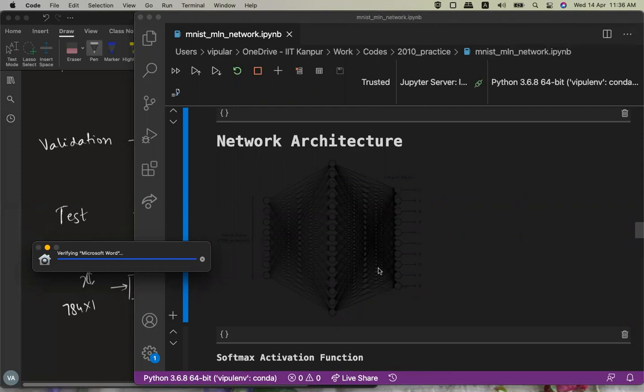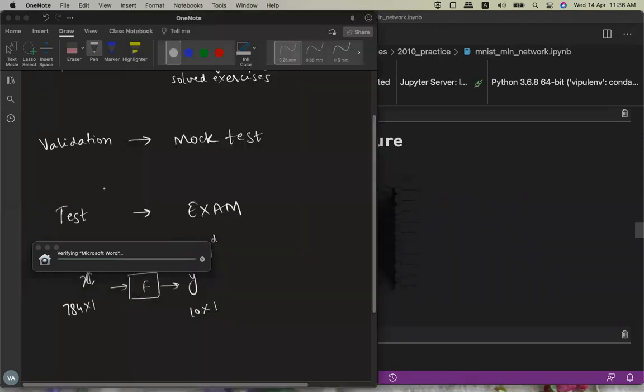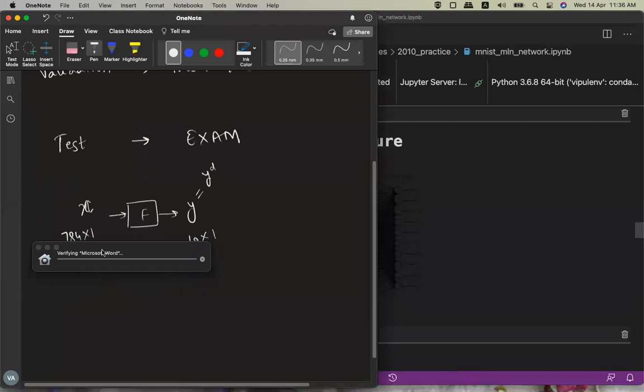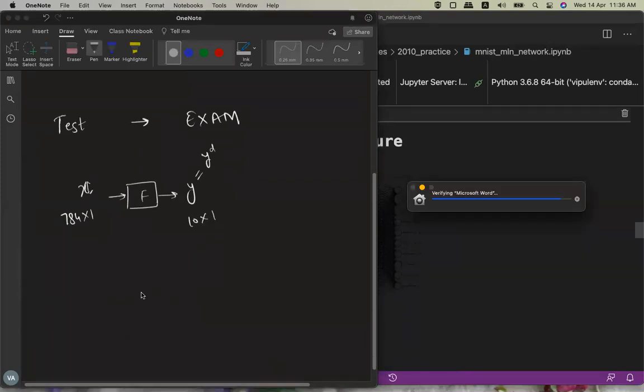What are we modeling with the output? We are modeling the probability of y given x.